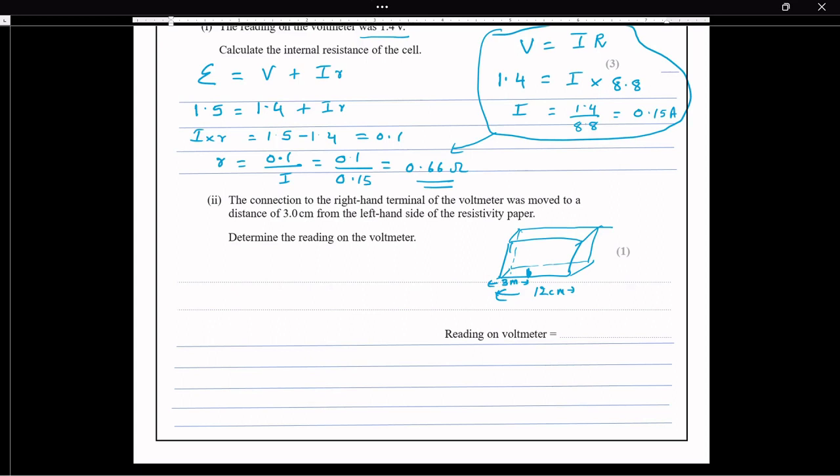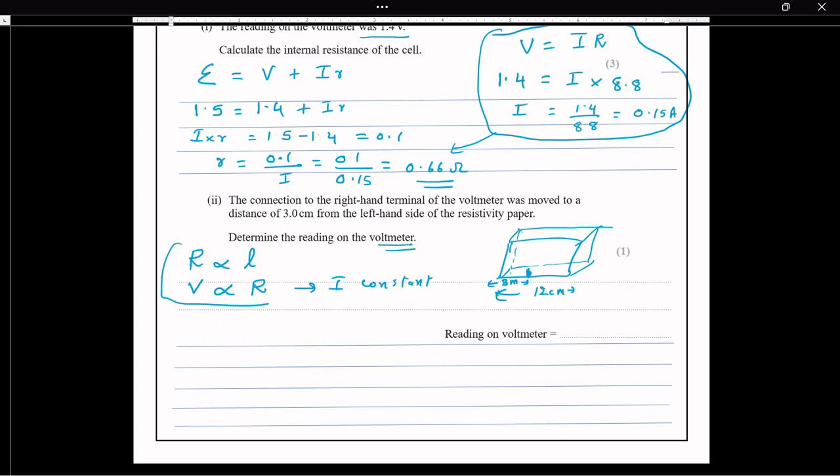And we know that resistance is proportional to the length. And also the voltmeter reading is proportional to the resistance, because I is constant, Ohm's law. When I is constant, V and R are directly proportional.